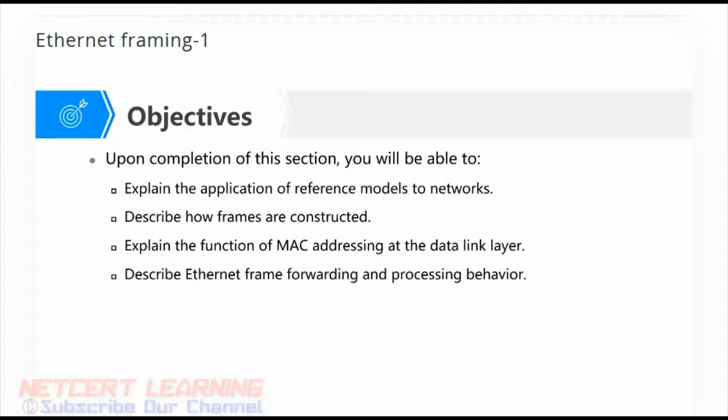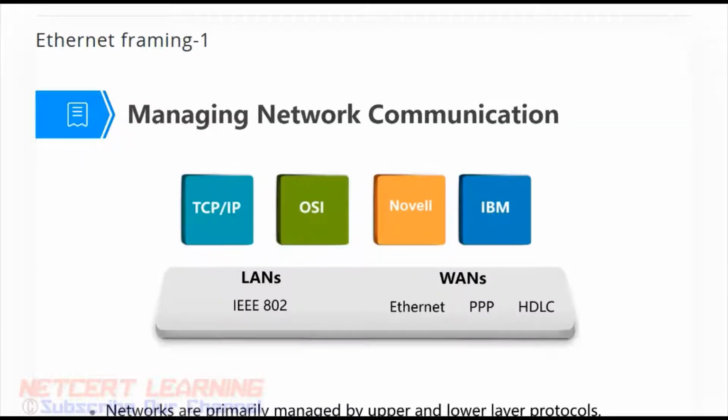Then we will discuss the format of the Ethernet frame, and explain MAC addressing, the layer 2 address in the reference model, and how Ethernet accesses the media to share it between different computers. First, the reference models.